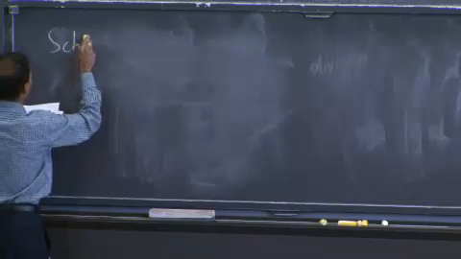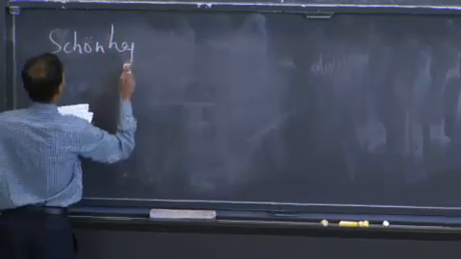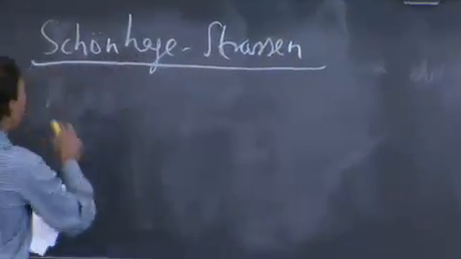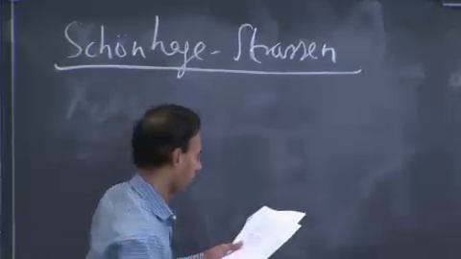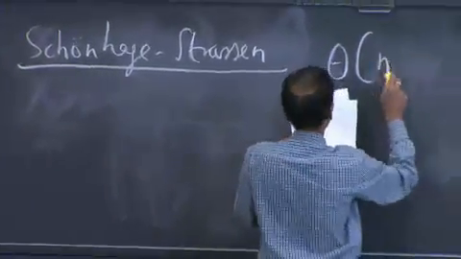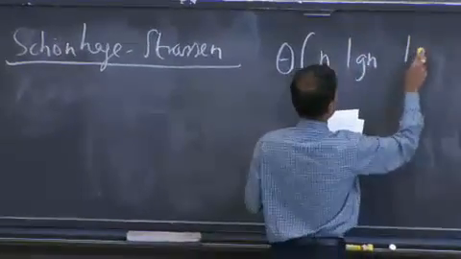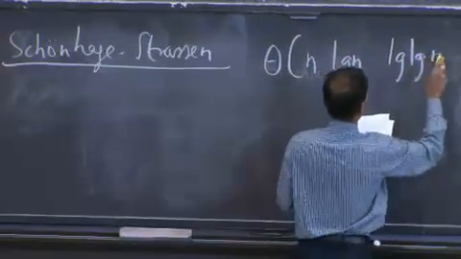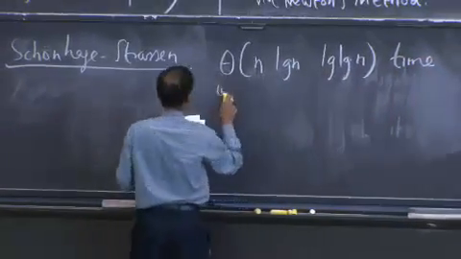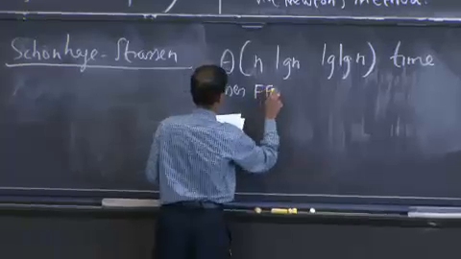The best scheme till a few years ago was the Schönhage-Strassen scheme, which is almost linear in complexity. It's n log n log log n time. And this uses the fast Fourier transform, FFT.